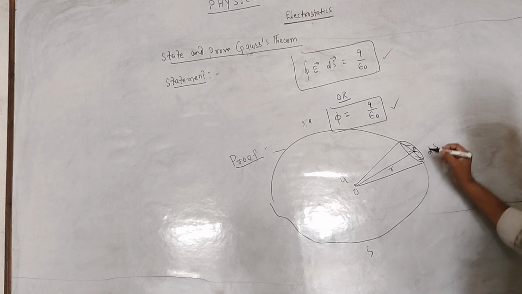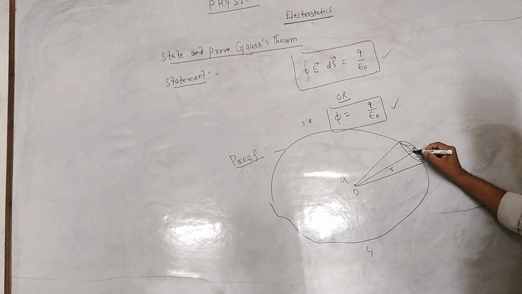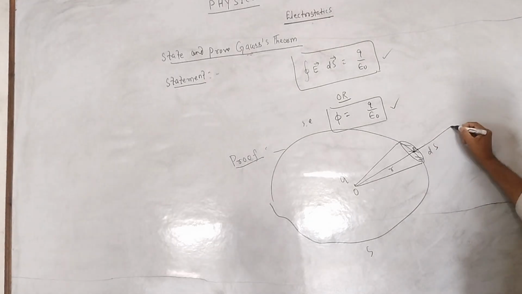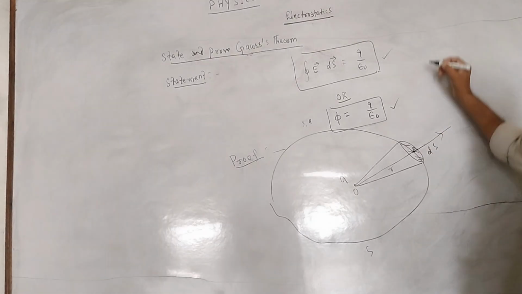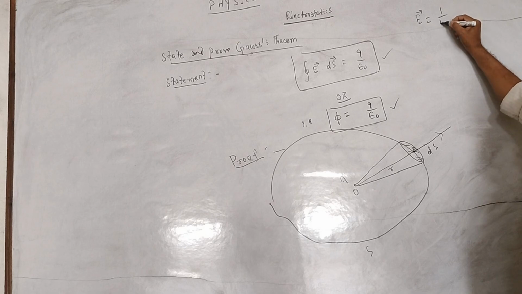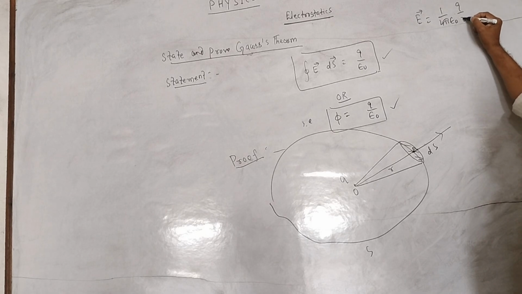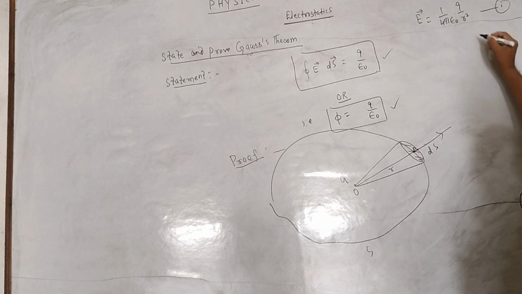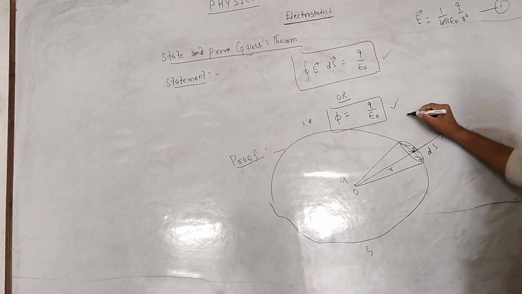Then the electric field outside the sphere has magnitude E equal to 1 by 4 pi epsilon naught Q by r square, and is directed outward.